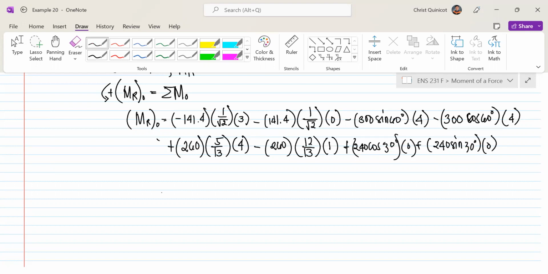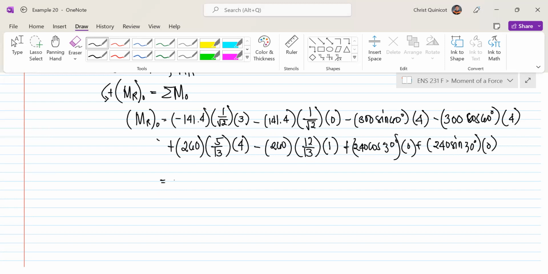So we write our answers here. So this is equal to negative 141.4 times 3 divided by square root of 2.